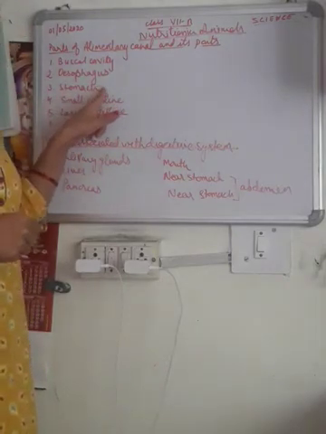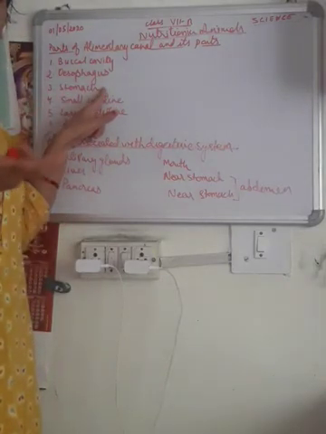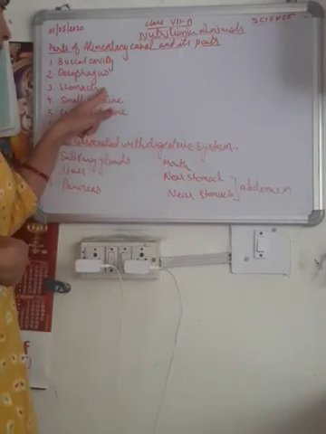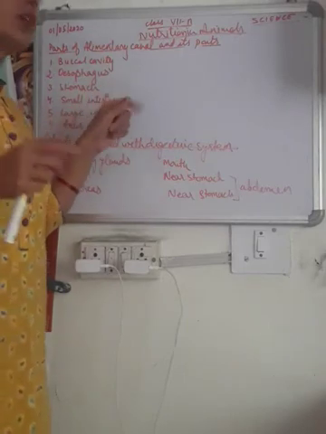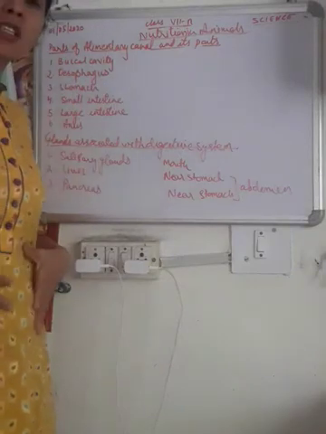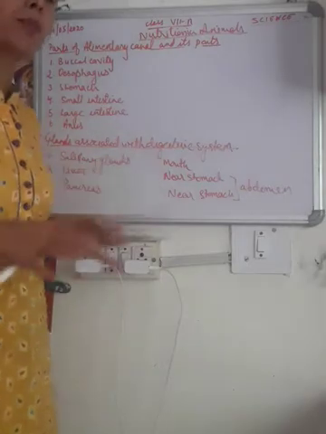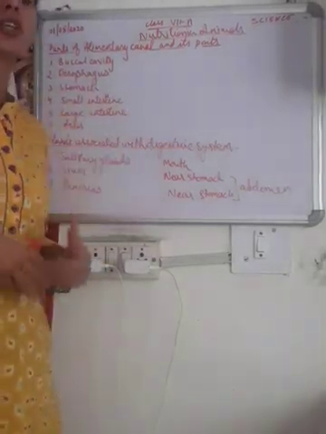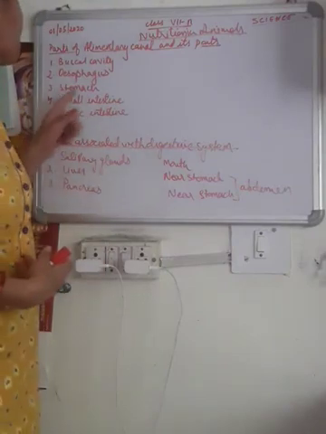Then comes the stomach. It is a bag-like structure in the abdomen. Here, children, we use this term stomach mistakenly for this entire part of the abdomen, but keep in mind that stomach is only one part of the alimentary canal. It's not the entire abdomen.